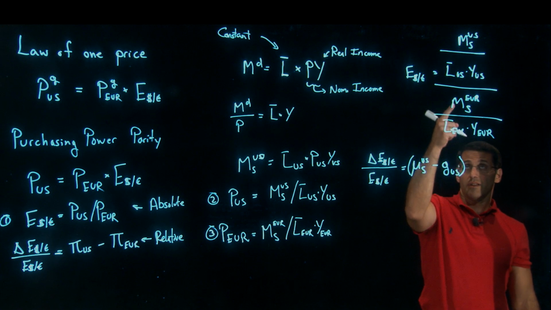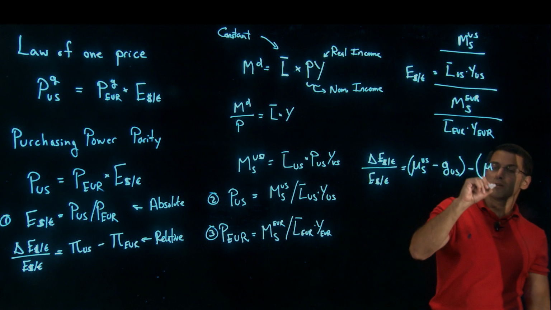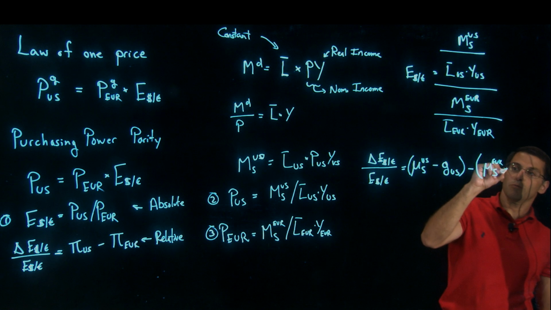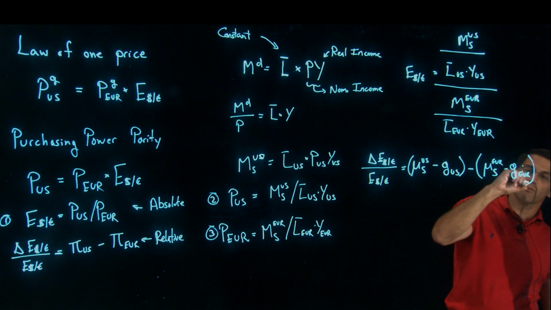And then, because it's in the denominator, we have equivalently the growth rate of the money supply in the Eurozone minus the growth rate of output in the Eurozone.